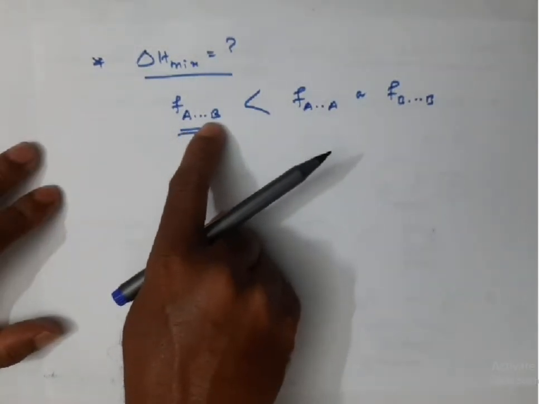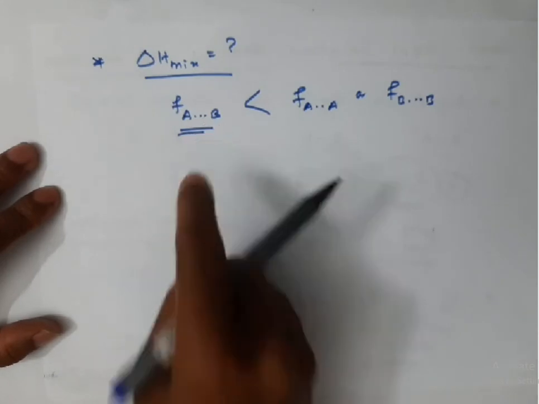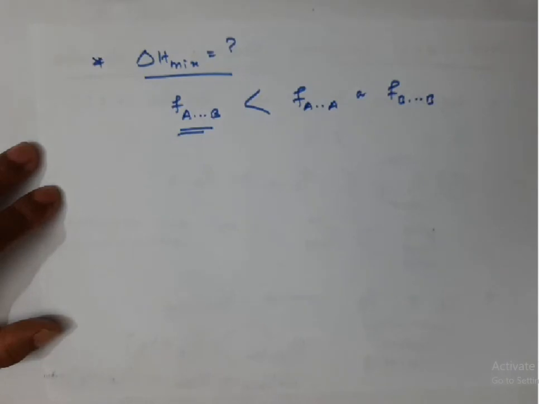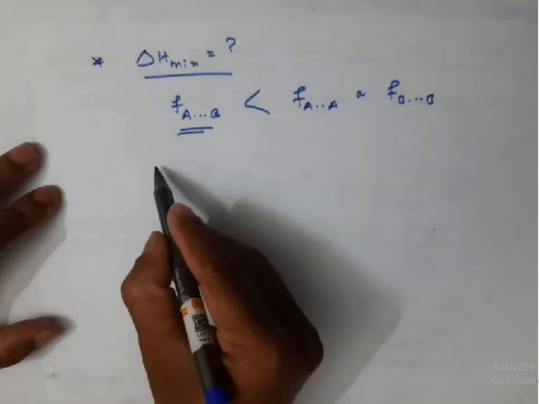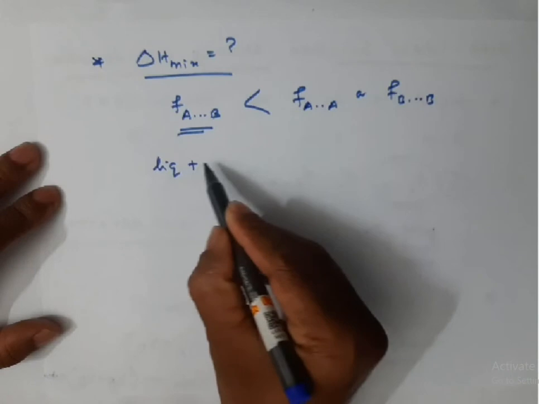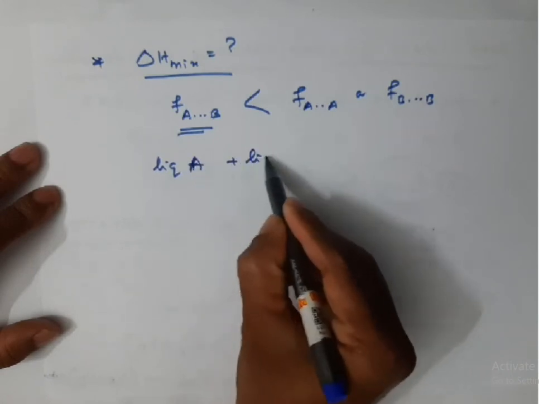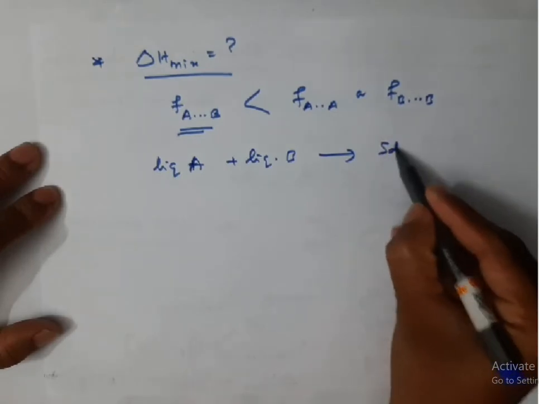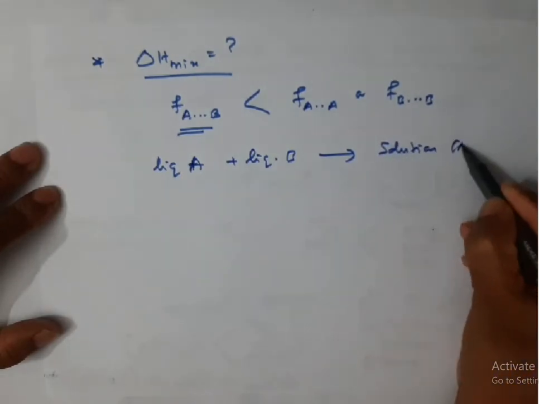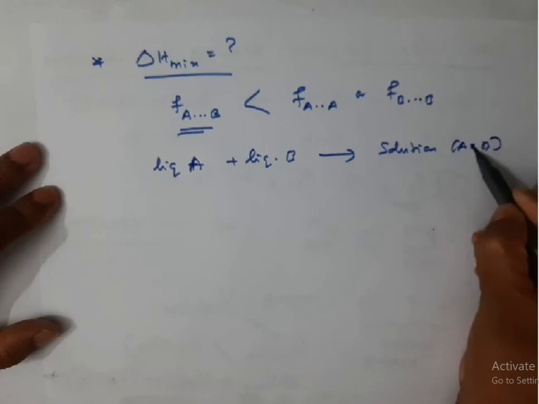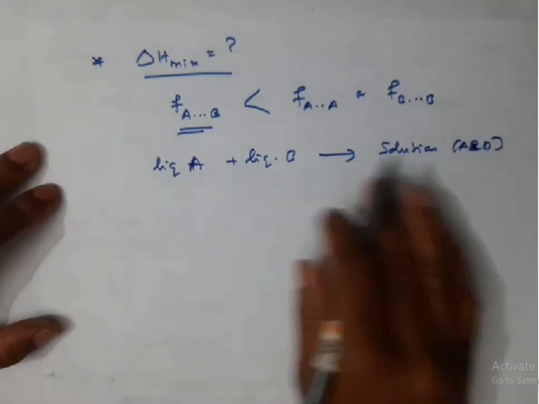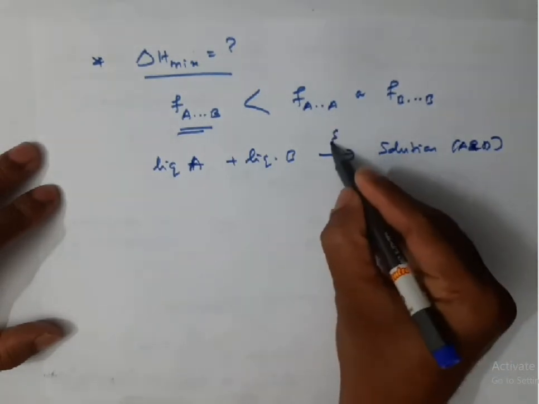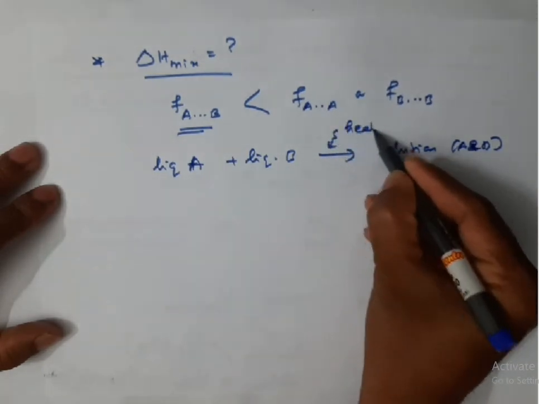Whenever the force of attraction is weak, you must supply energy. What is meant by that? You take liquid A and liquid B, you mix them, and you will get a solution of A and B. In this case, you must supply heat, or heat is absorbed.